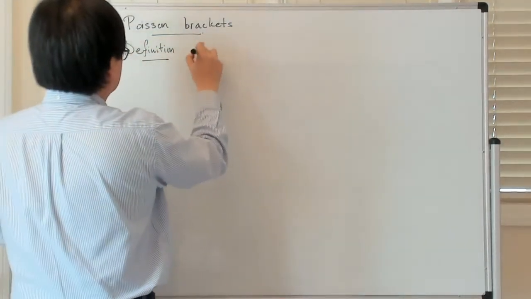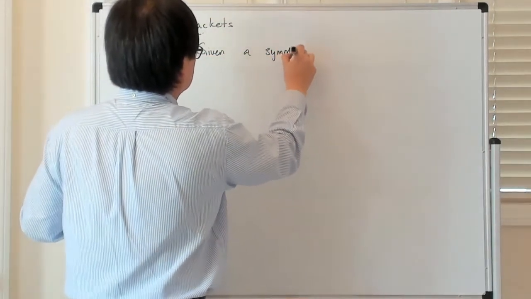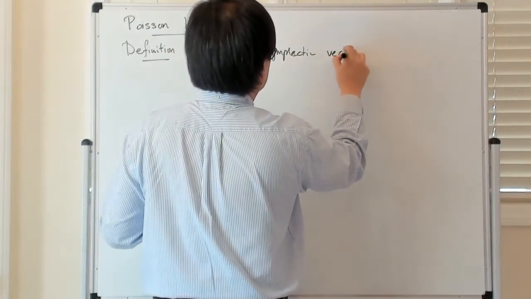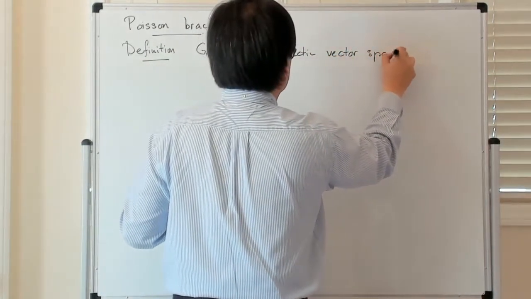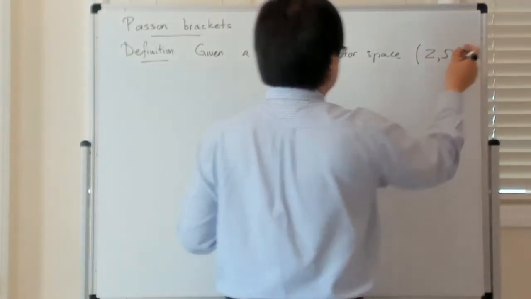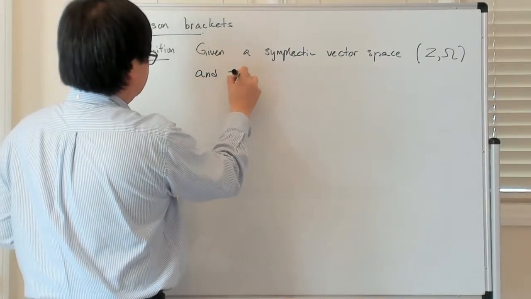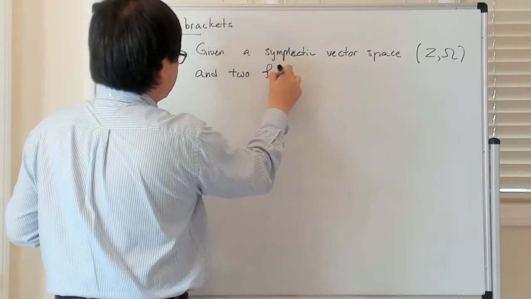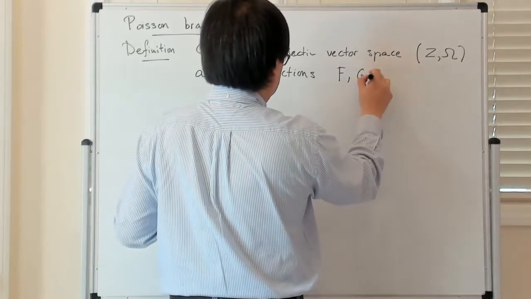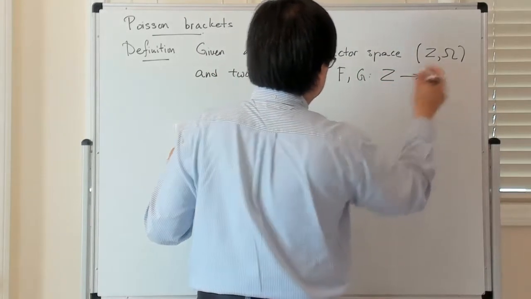If you're given a symplectic vector space, let's say Z with a symplectic form omega and two functions, let's say f and g, which are scalar valued functions on this symplectic vector space.